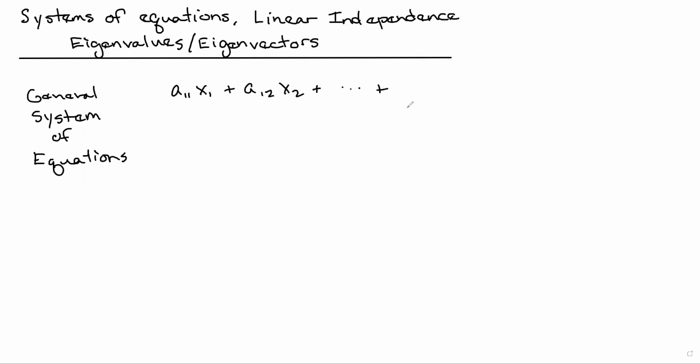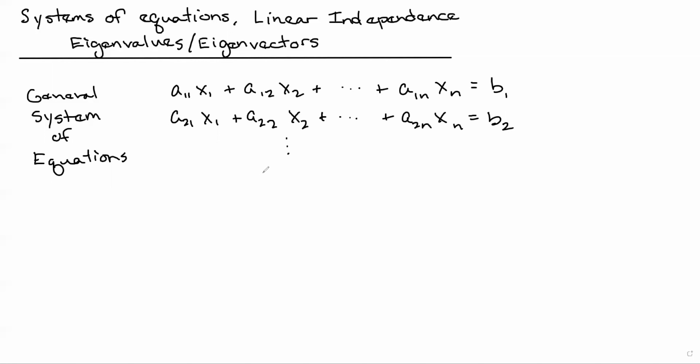So a general system of equations is just going to be n equations in n unknowns. It takes a minute here to write all these out, but let's go ahead and do that. So there's our first equation and our second equation, through our nth equation.